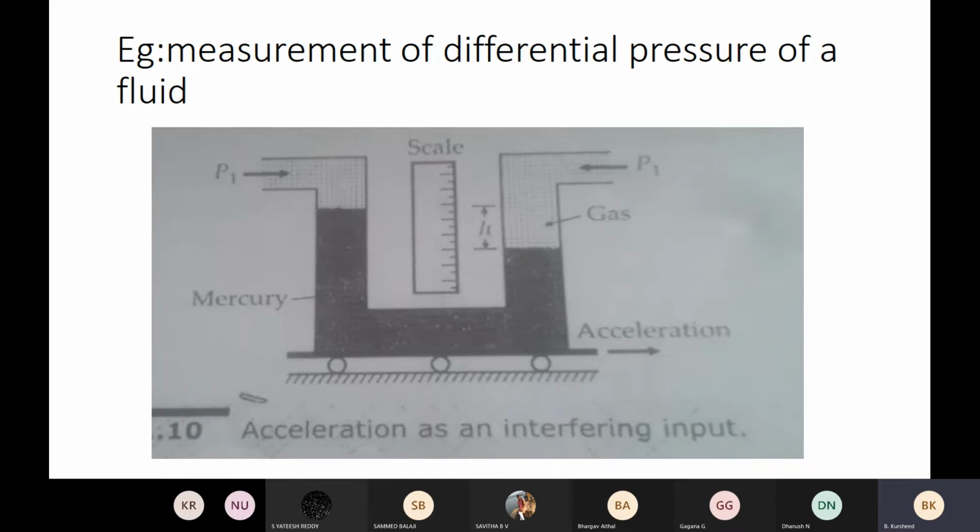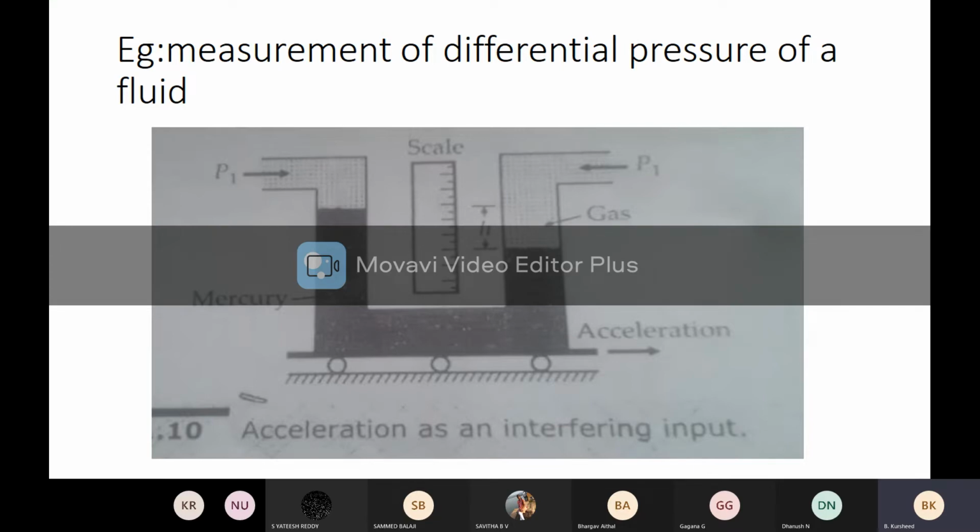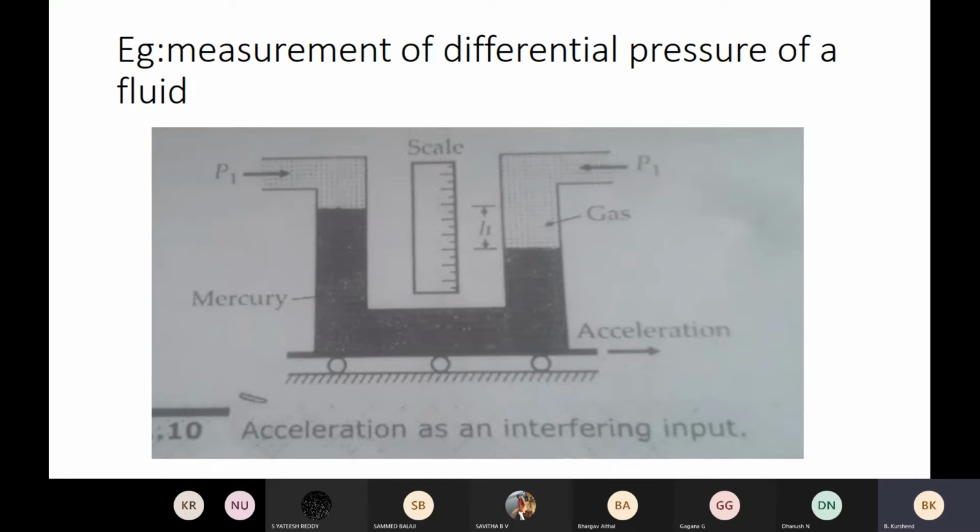Although the pressures at both inputs of the manometer are equal, P1 equals P2, a differential pressure is created on account of acceleration, and therefore the scale indicating a reading H thus acts as an interfering input.